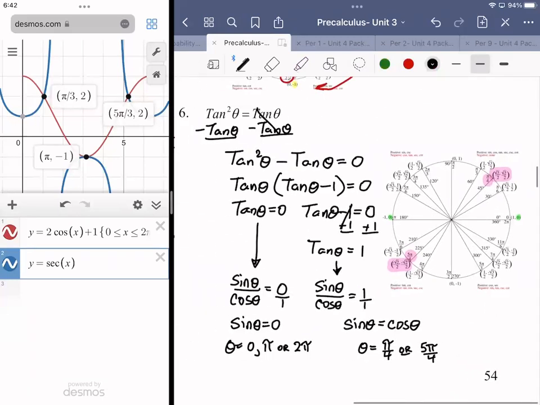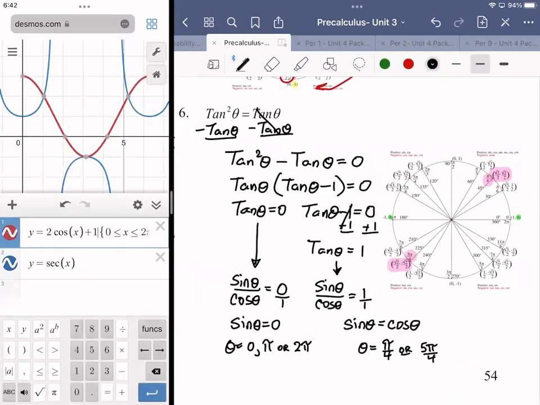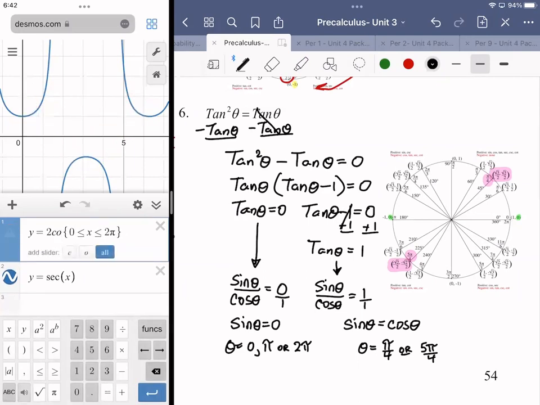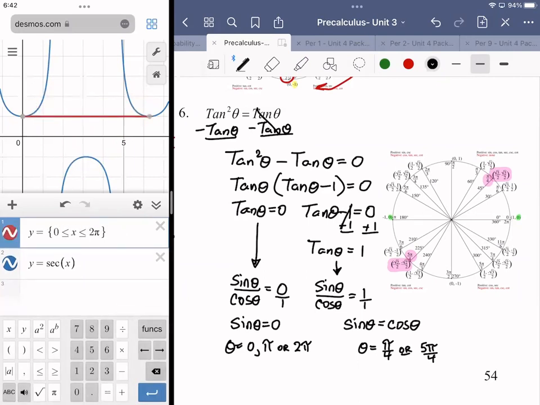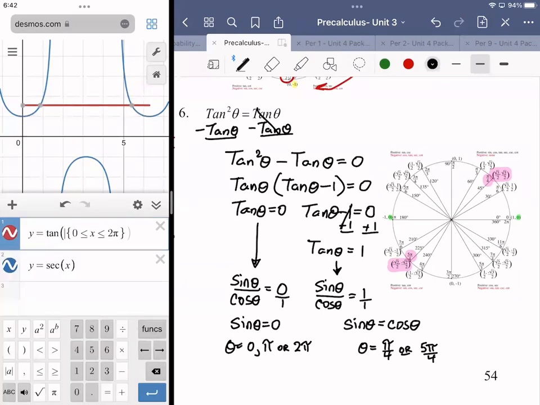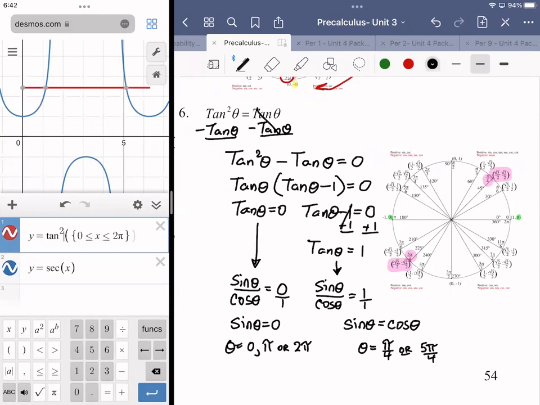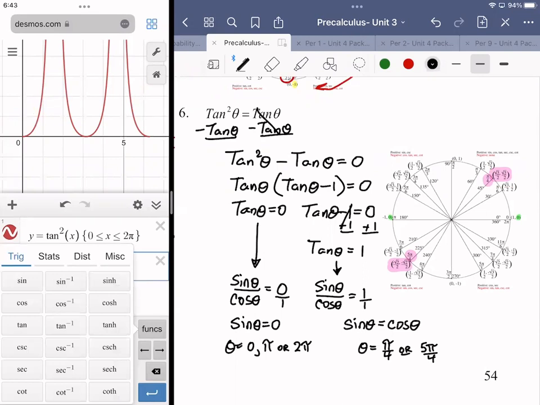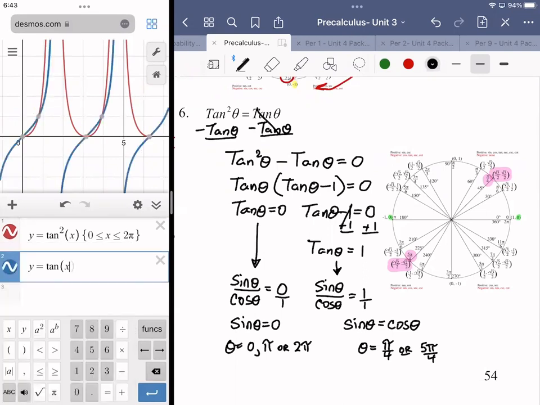But this is still something Desmos can handle. It's just when you deviate away from the sines and cosines that it starts getting funky in terms of what the graph looks like. But as long as you stay the course, it'll all work out. So I have tangent squared of x, and then tangent of x.